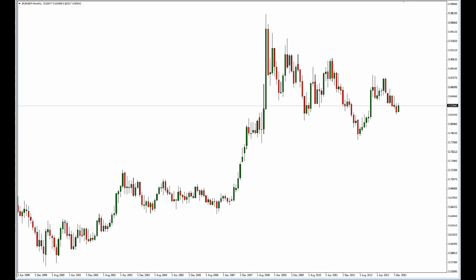And I understand. So I think you mean this, I call it dynamic range market. I don't care if it's a channel or a pattern. What I'm interested in is the fact that the price is consolidating between a support and resistance level.